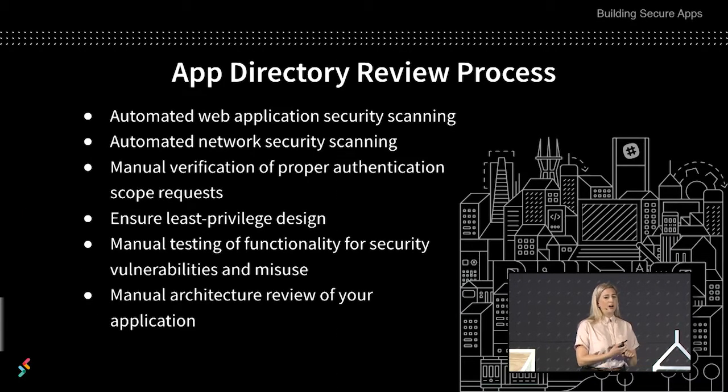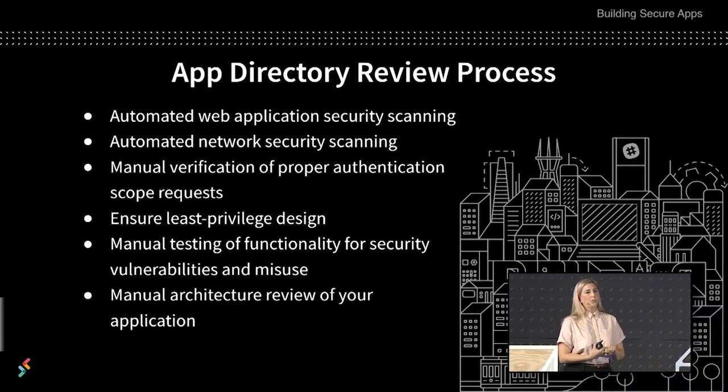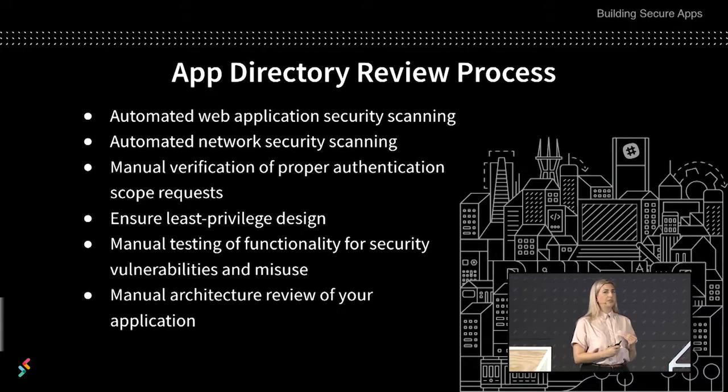So we perform automated web app scanning and network scanning just as a sanity check for the security posture of your infrastructure. We'll perform manual verification of your proper scopes. So what we're trying to do here is ensure least privilege design, where we have some really broad scopes, and you have a lot of power and flexibility to choose what kinds of data your application is going to access.